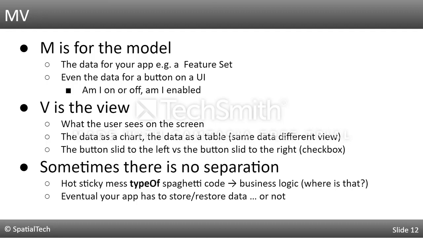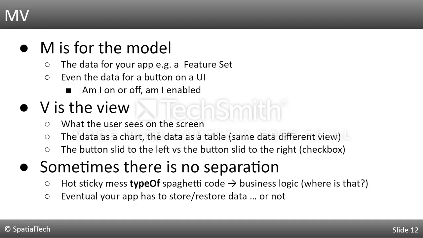If they use a piece of software to create something, like using Google Keep to make a checklist for going shopping at Costco, the whole idea is, I made this list, I want it to be saved. So it has to persist somewhere, whether it's in the cloud, on the local drive, or it gets shot back into a database. That's another story. But typically you want to be able to store the data for your app somewhere.